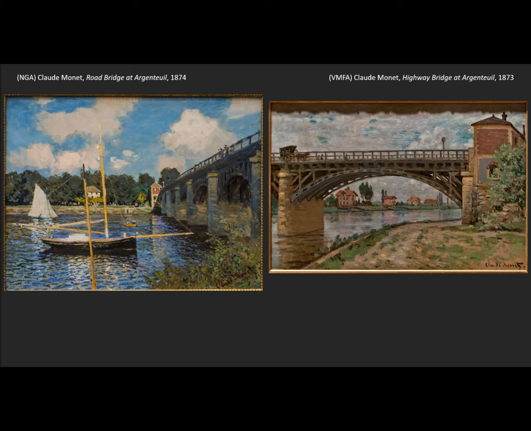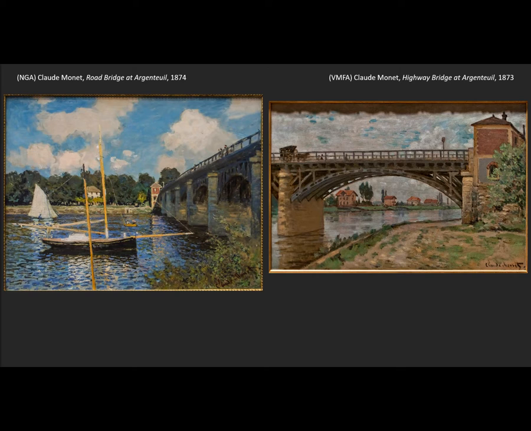And the point is that each time you paint it, because you're painting outside, you're going to see something different because the light is going to be different based on the weather, based on the time of day, based on the season of the year. All of these things are going to change the way in which that bridge looks.